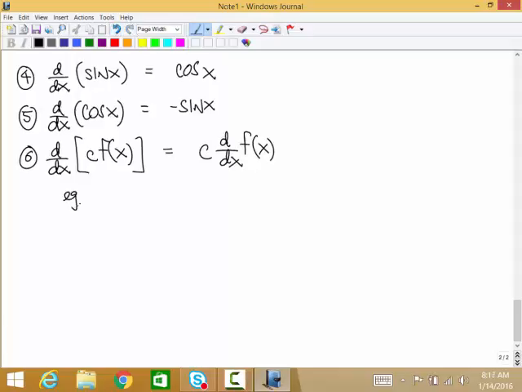So for example, if you want to take the derivative of 5x squared, that's equal to 5 times the derivative of x squared, which is 5 times 2 times x.